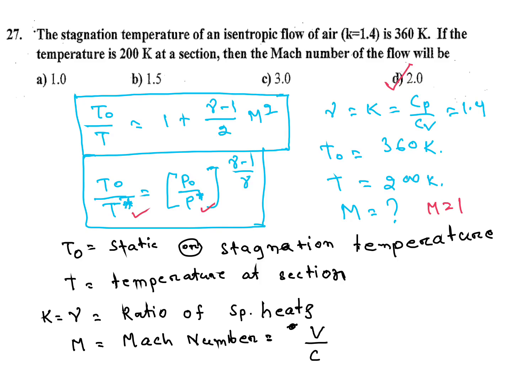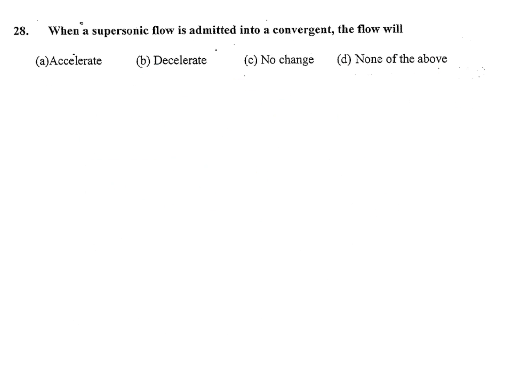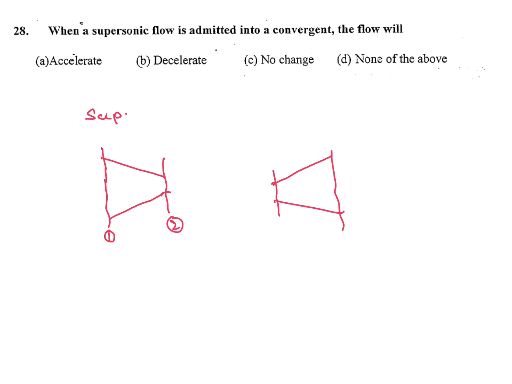Question: when a supersonic flow is admitted into a convergent passage, the flow will be? Convergent is like this, and divergent is like this, with flow direction from 1 to 2.